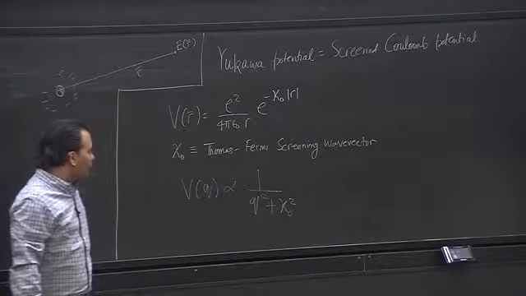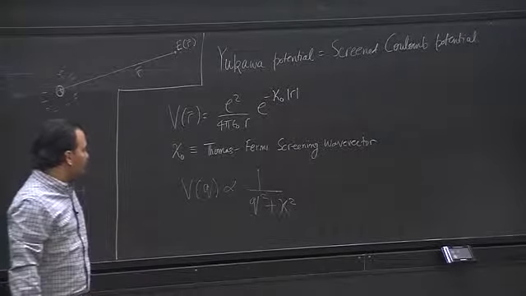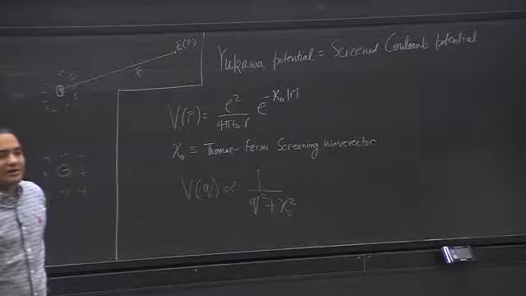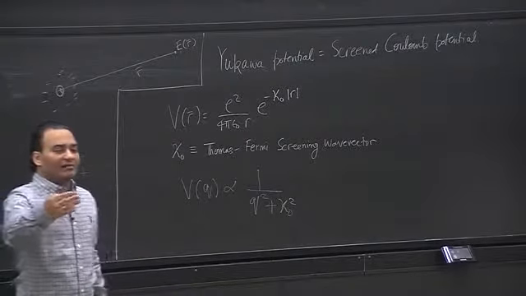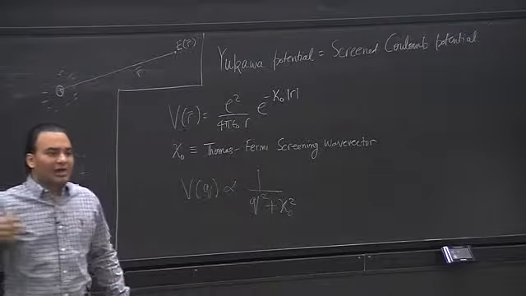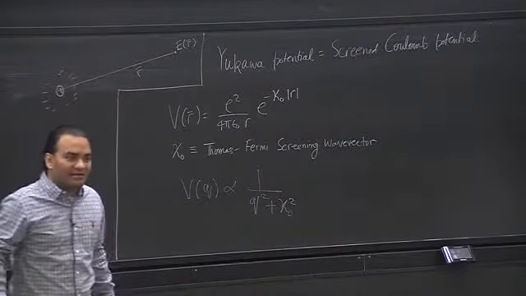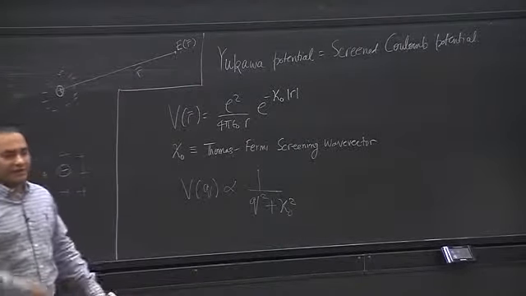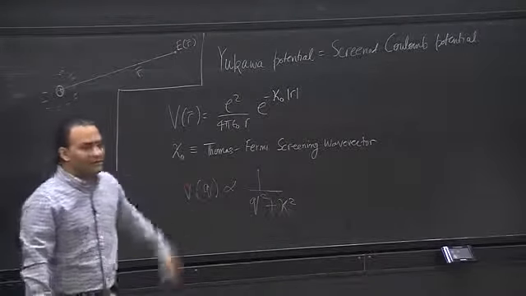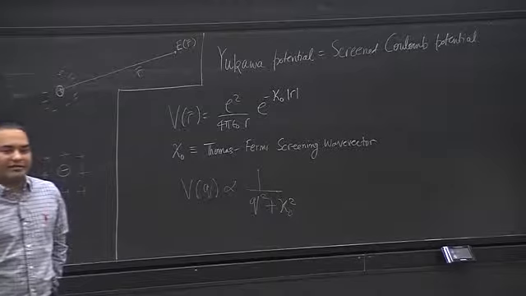But for the moment, let's just assume that you know this from some experiment. So experimentally, you can try to see how far you can go and still feel the electric field. And let's assume that you figured it out, and that taking the inverse of that gave you the screening wave vector.